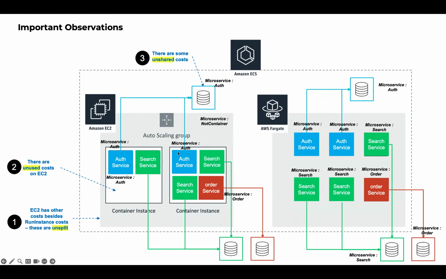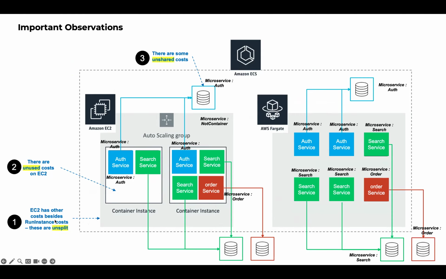Okay. Now, as I said before, there's some unused costs in this first EC2 instance. And then the second thing is both these EC2 instances are doing a lot of other things besides just running containers, right?